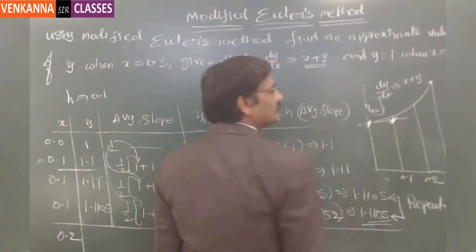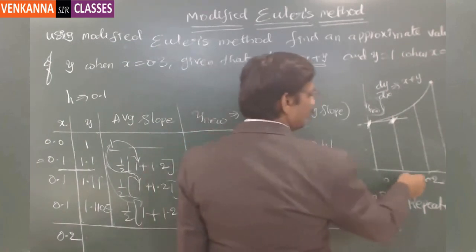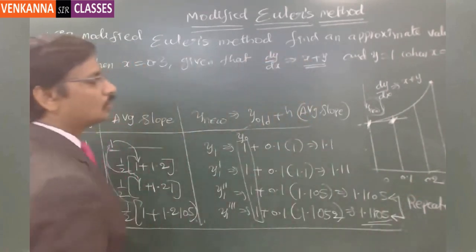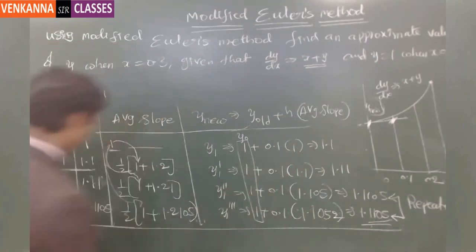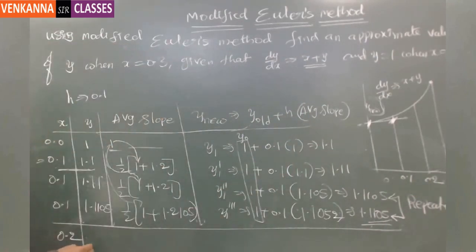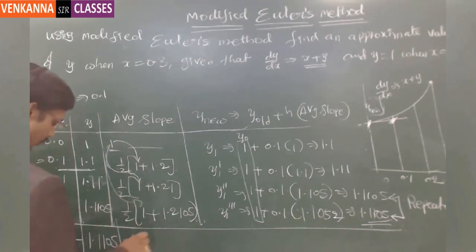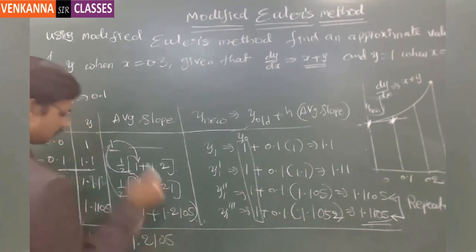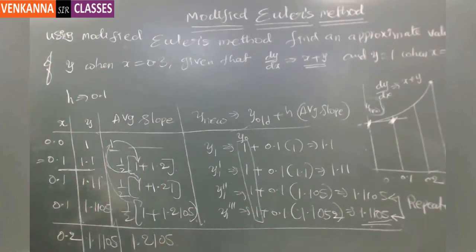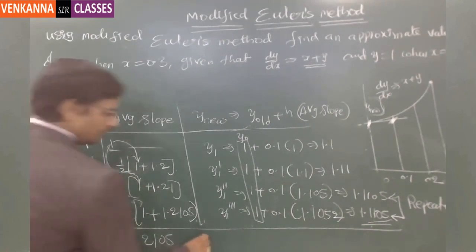Then you can calculate this value at 0.2, and the value of y you can consider as 1.1105, and then you can calculate the sum of these two. This is 1.2105. So this is the slope there.